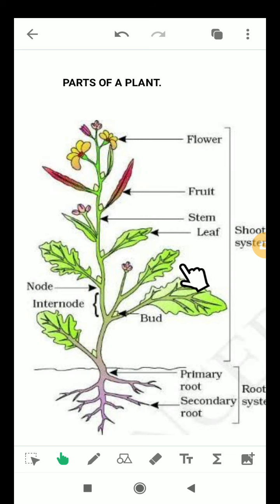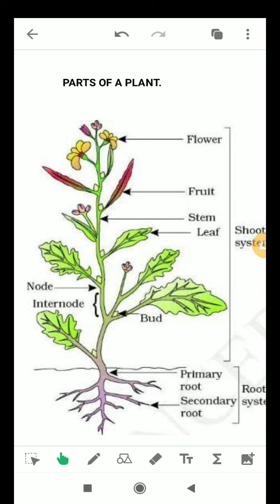So what is in the shoot system? The flowers, fruits, stem, leaves and bud, then internode and node. And the root system has the primary root and secondary root.